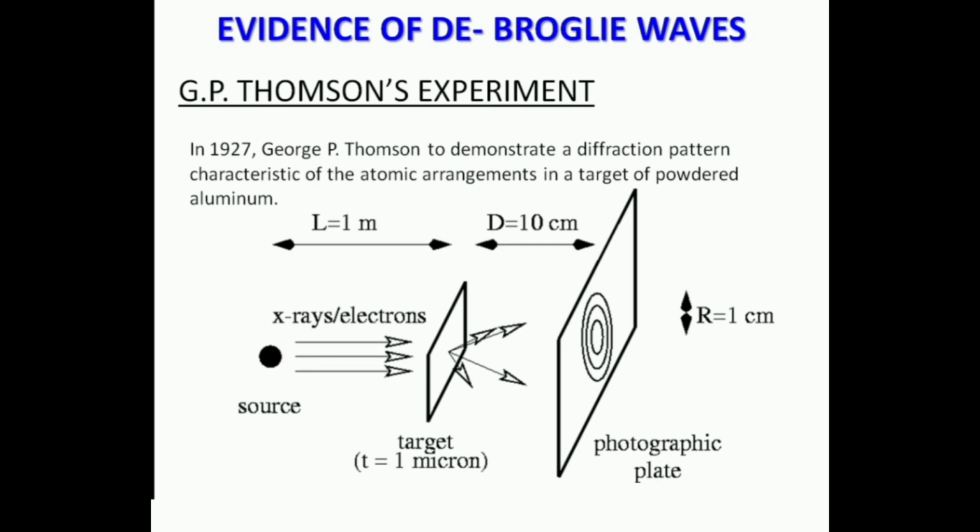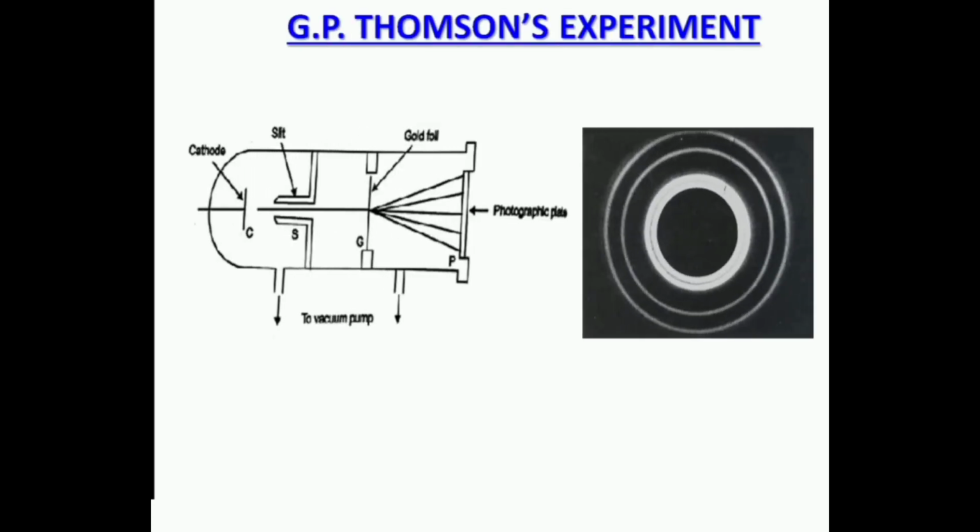As you can see on the photographic plate, the radius of the circles is equal to 1 cm. We'll discuss more about the Thomson experiment next. This is the nature of the experiment on the screen. You can see the circular wave nature, the circular pattern.